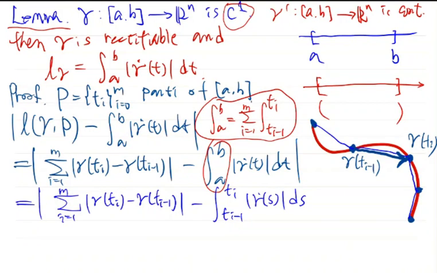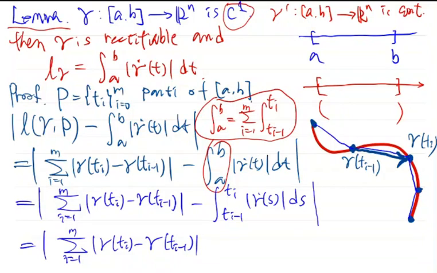We replace the integral variable by s. In this formula, I use the dot to denote the derivative with respect to t.